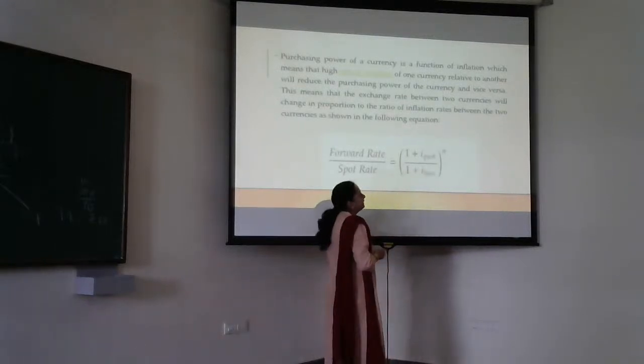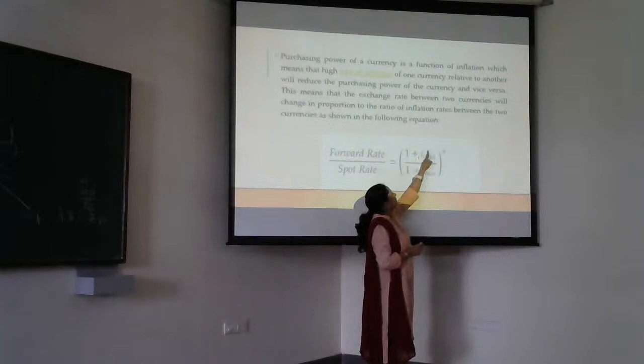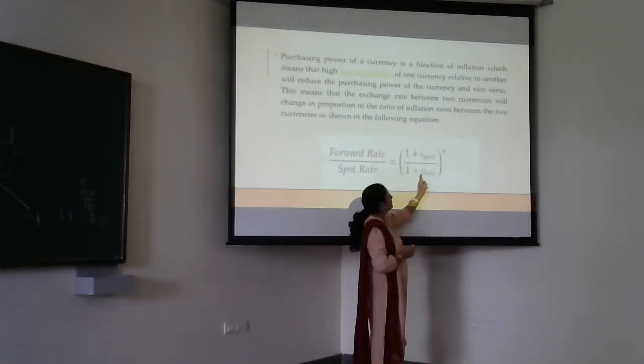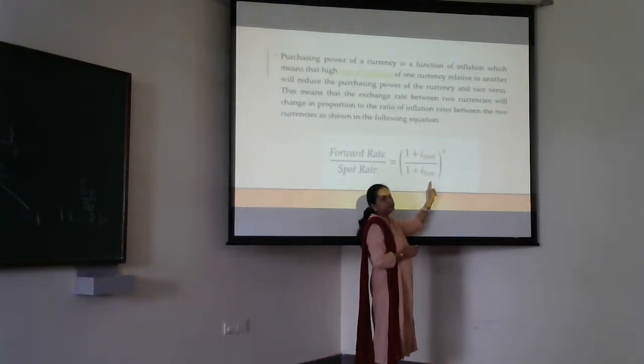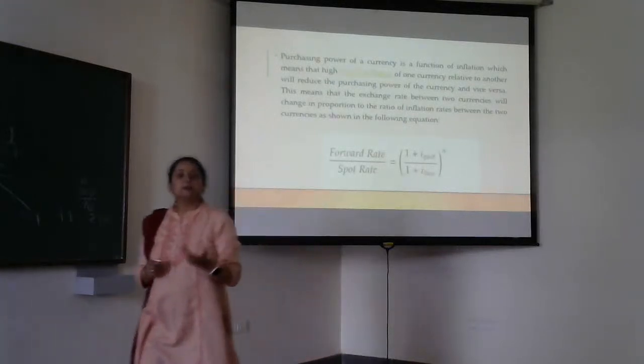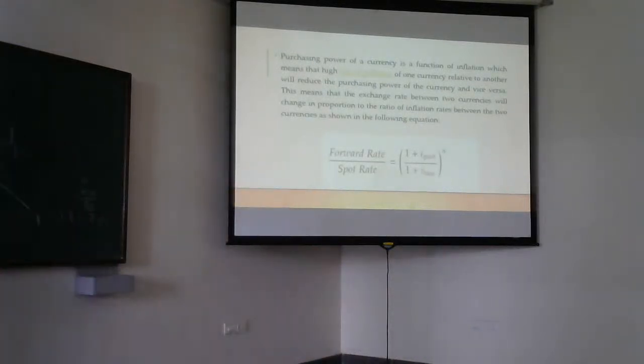So what do we mean by this? 1 plus inflation in the variable currency divided by 1 plus inflation in the base currency, to the power of the number of years. So this is the mechanism through which we can identify the relationship between the forward rate and the spot rate, that by how many units, or in what proportion, your forward rate is going to change in comparison to your spot rate.